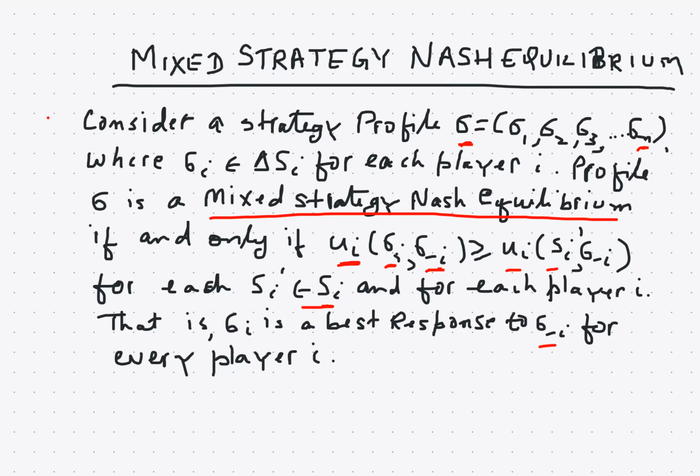Like we had previously in the pure strategy equilibrium. All right, so let's look at a game to understand. So let's not, I think I misspoke here. It's not about matching like we did in the pure strategy Nash equilibrium. Let's keep the definition to this. Sigma i is a best response to other players' mixed strategy. Okay, and this is true for every player i.